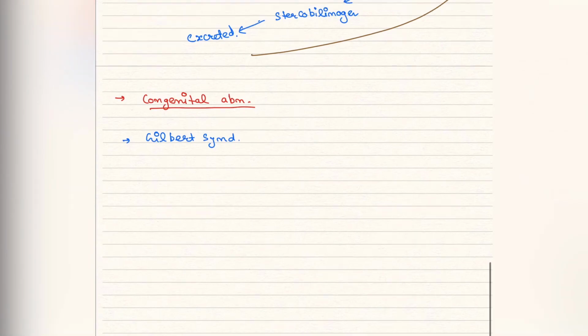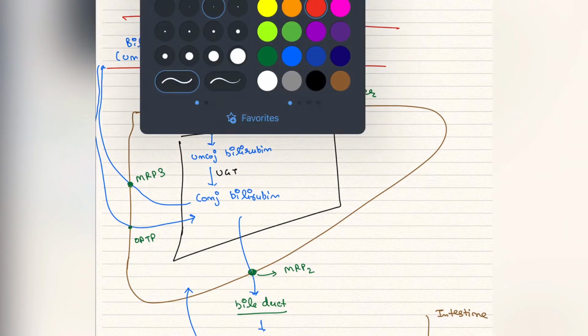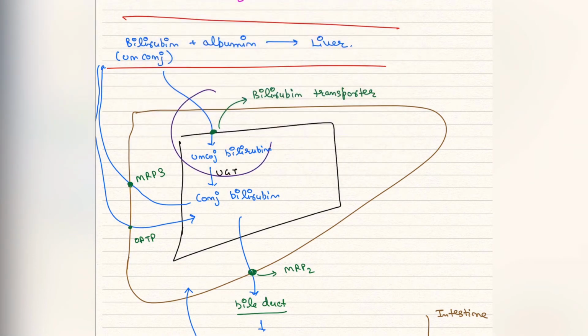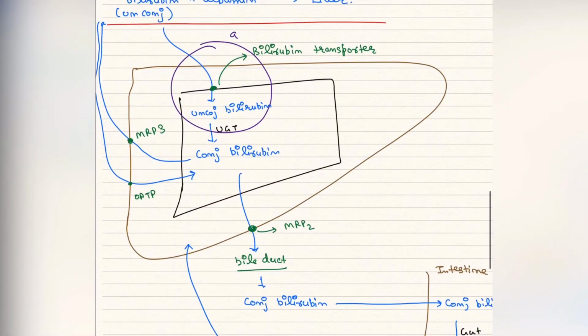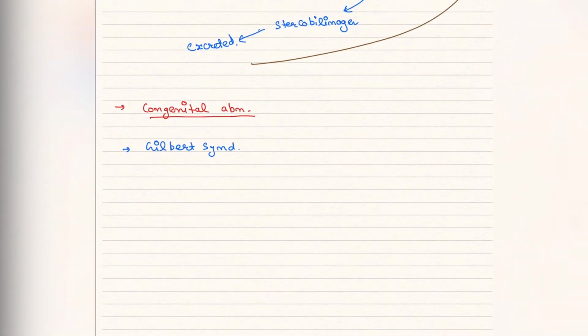In Gilbert syndrome the uptake is decreased. It is congenital, and there is decreased uptake.